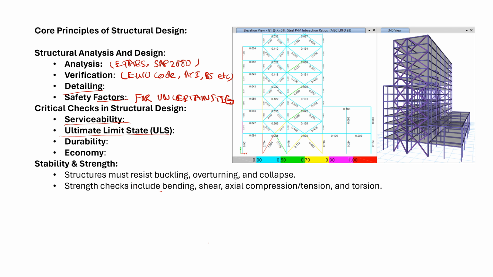Ultimate limit state, ensuring strength under maximum loads for all structural elements. Durability check for resistance to corrosion, fire, and long-term degradation. Economy provides a balanced and safe solution in a cost-effective way.